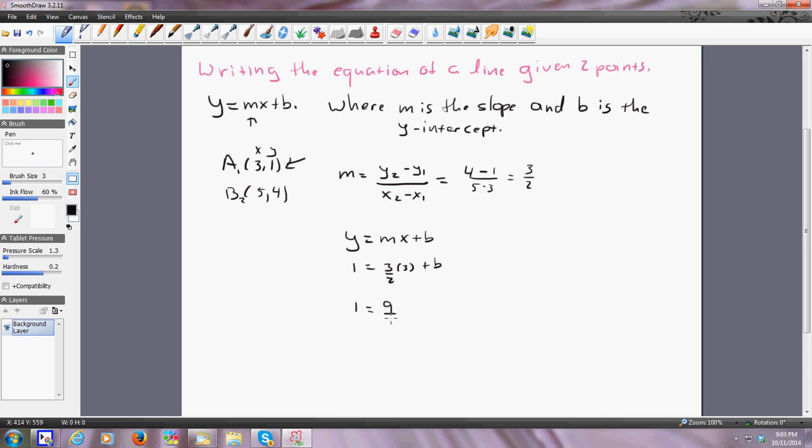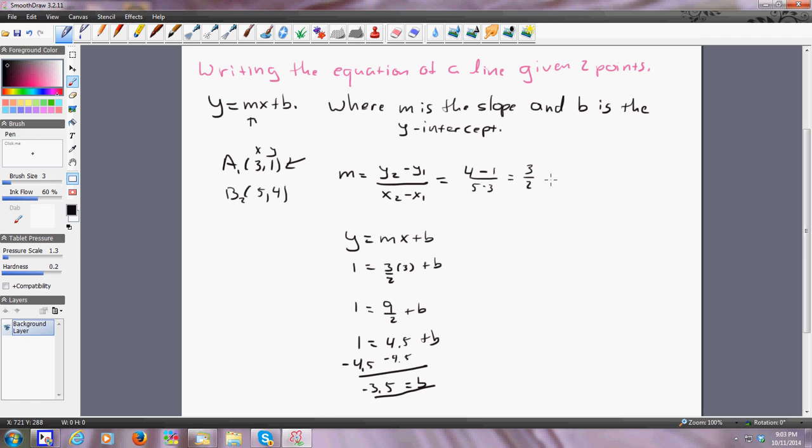I get 1 equals 9 halves plus b. Well, 9 halves is really 4.5. I don't like taking things out of fraction form, but I have. And so now my b equals negative 3.5.